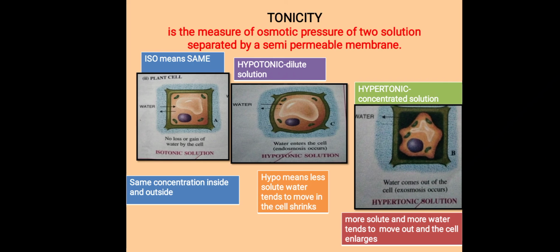So class, this is all we will be learning for today. In today's lesson, we have learned about osmotic pressure, the pressure exerted by the liquid column which just prevents the entry of the solvent molecules through the semi-permeable membrane.